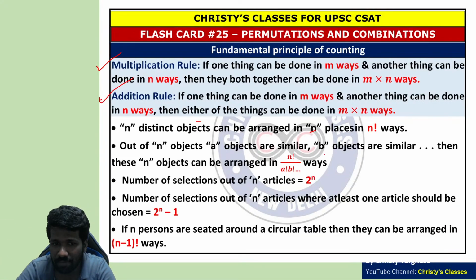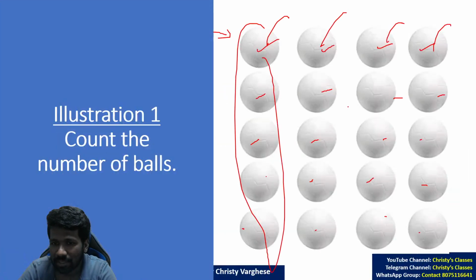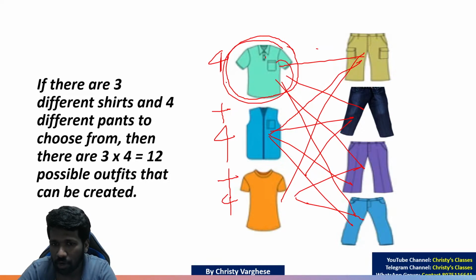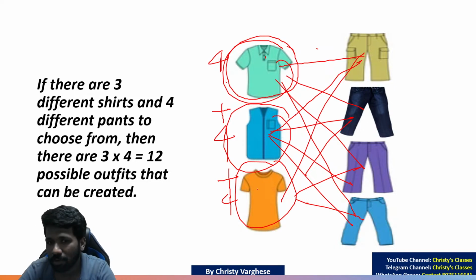That means a combination with shirt 1 is okay, with shirt 2 is okay, with shirt 3 is okay. So the total number of ways is 4 plus 4 plus 4.